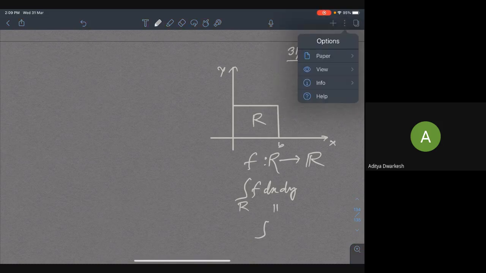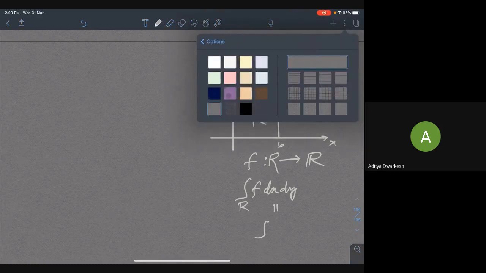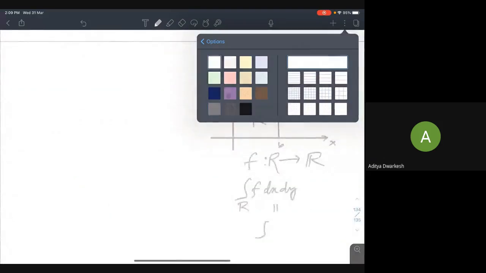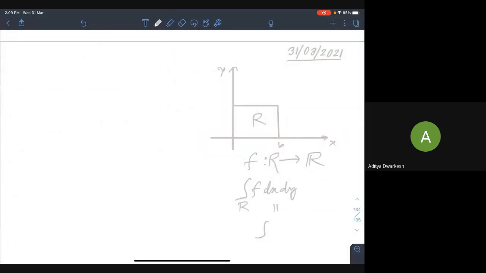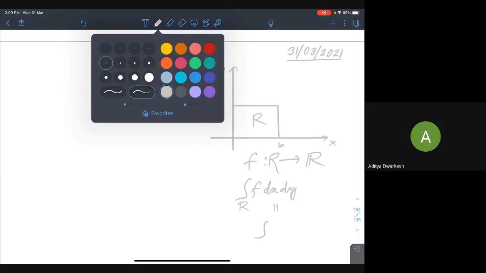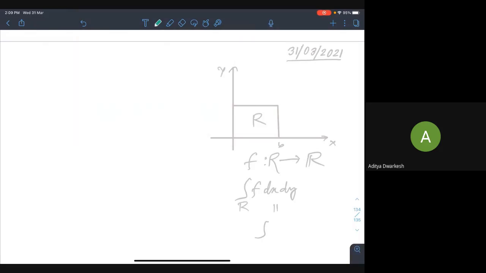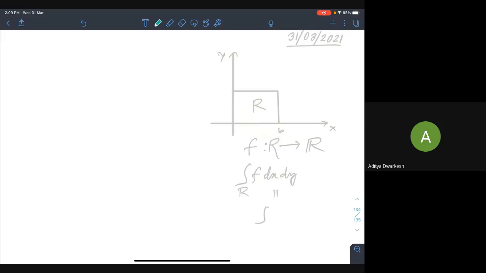Yeah, all right. Let me change the font color as well. So maybe I should put this. Is this fine now? Yeah, sir.